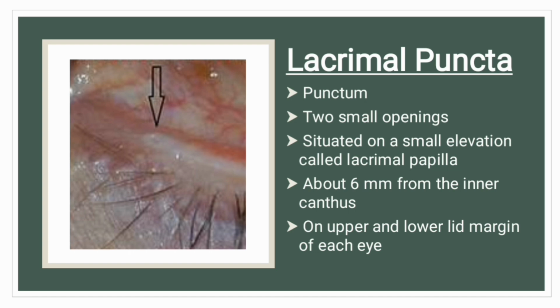Situated on a small elevation called the lacrimal papilla, a slightly elevated part of the lid margin on which the punctum is situated. It is about 6 millimeters from the inner canthus, right? The distance between the punctum and the inner or medial canthus is about 6 millimeters, right?